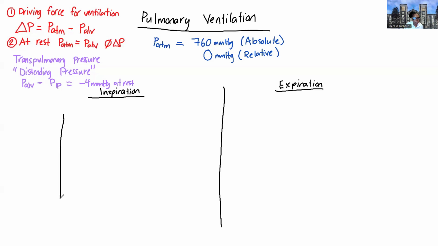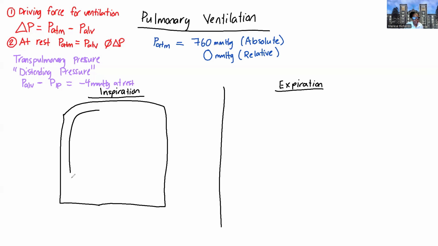So I'm going to draw my version of the thoracic cavity here, and then we're going to put two lungs inside. Right, so this is our lung, and this is our intrapleural space. We also want to draw the diaphragm. Now we know that during inspiration, the diaphragm is nice and flat, right, it's flattened out.